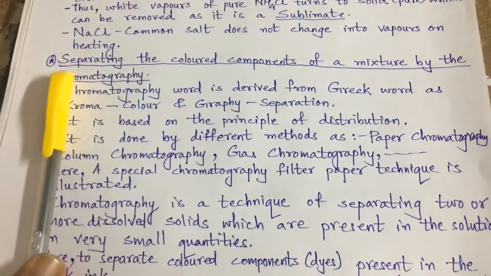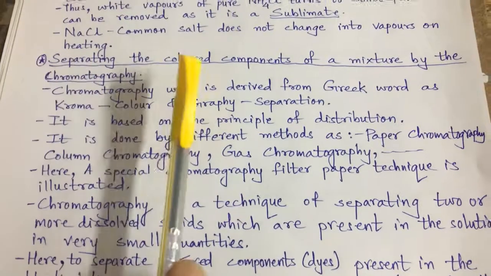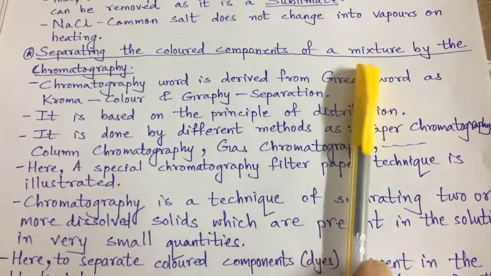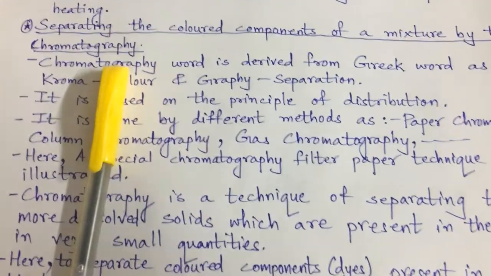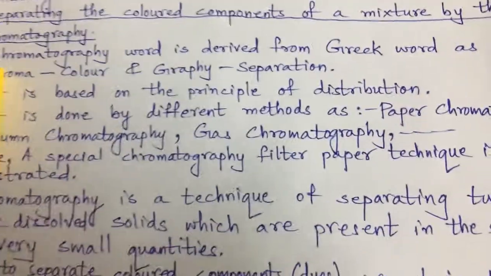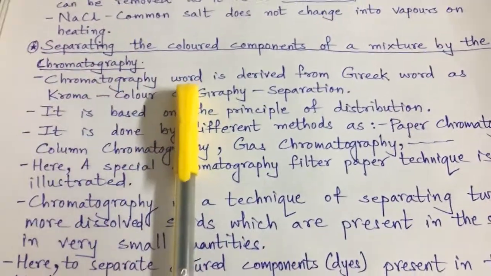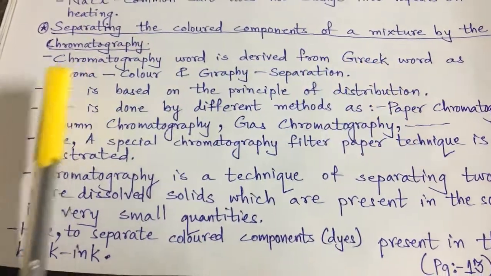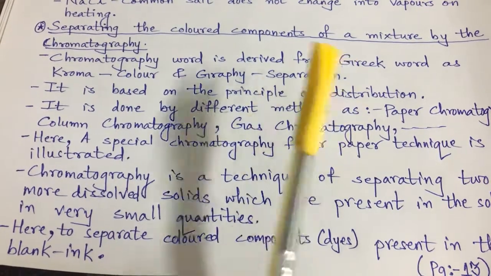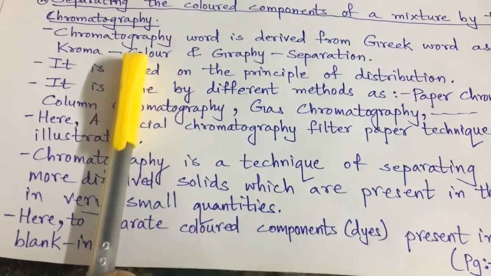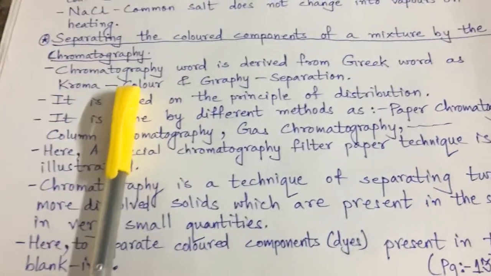Now one more method: separating the colored components of a mixture by the chromatography technique. So what is chromatography? It is a word derived from the Greek words chroma, color, and graphy, separation. Separation of the colors from a soluble solution is called chromatography.